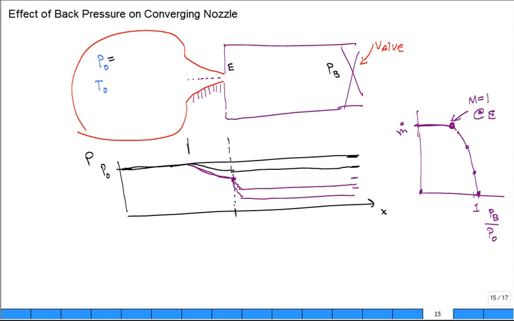All right? So I can continue to drop the back pressure, and it has no more effect on increasing the flow through it. This pressure that it happens at is P asterisk, the critical pressure, where it becomes choked flow in the throat.